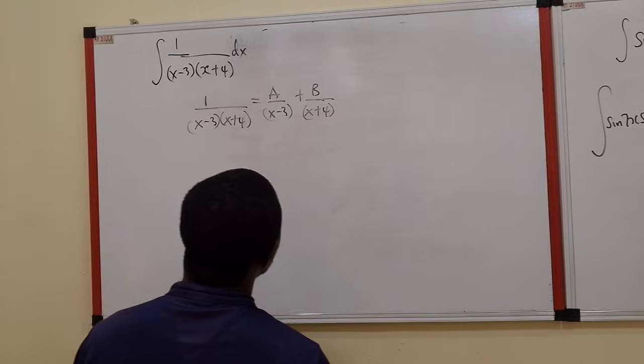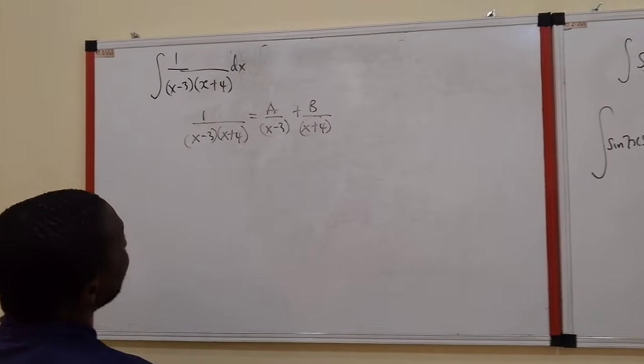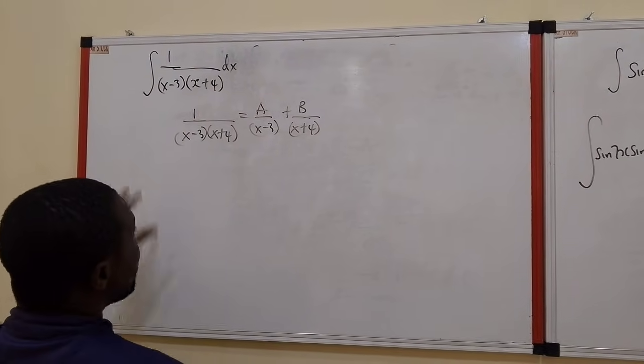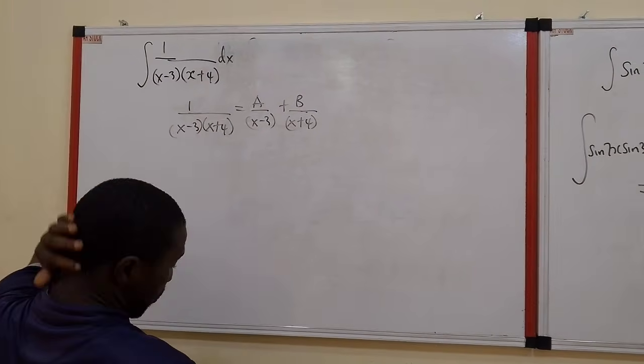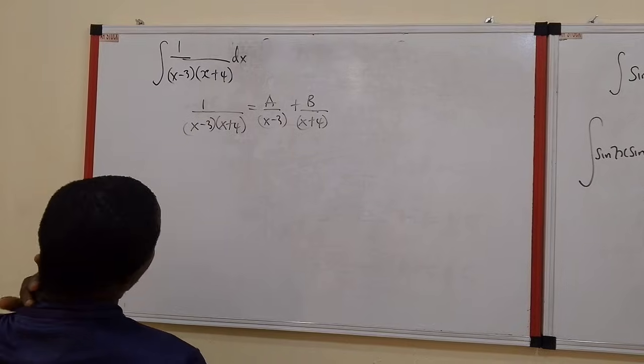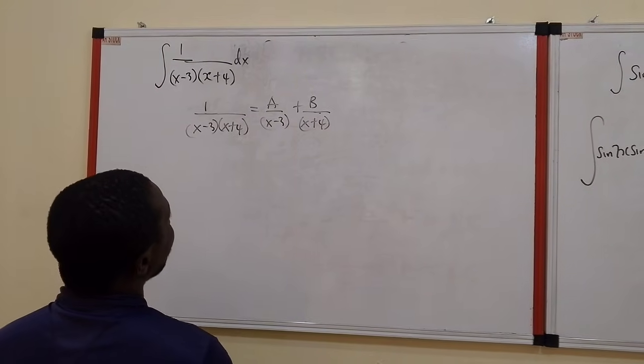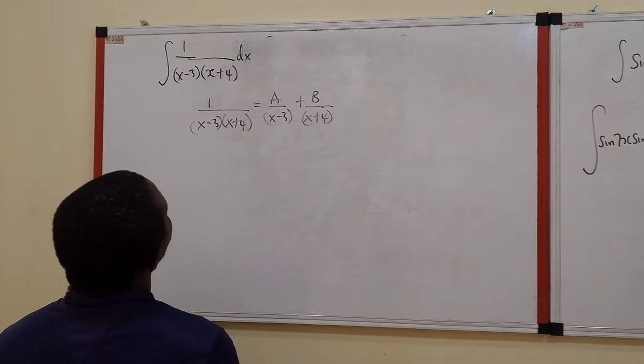Now we are going to look for the values of a and b. We are splitting this fraction into its various components. So we want to look for the value of a and b.